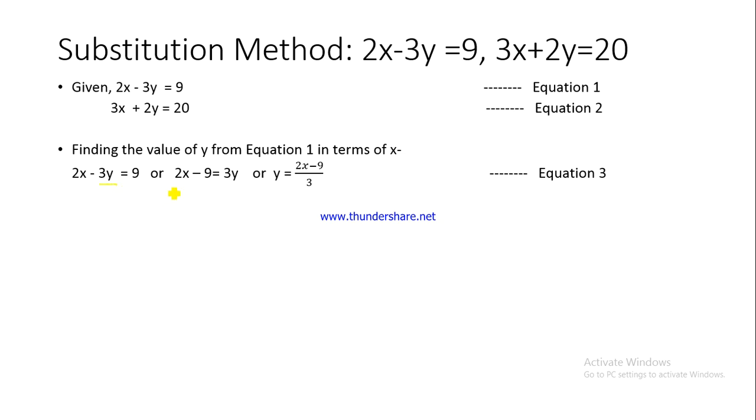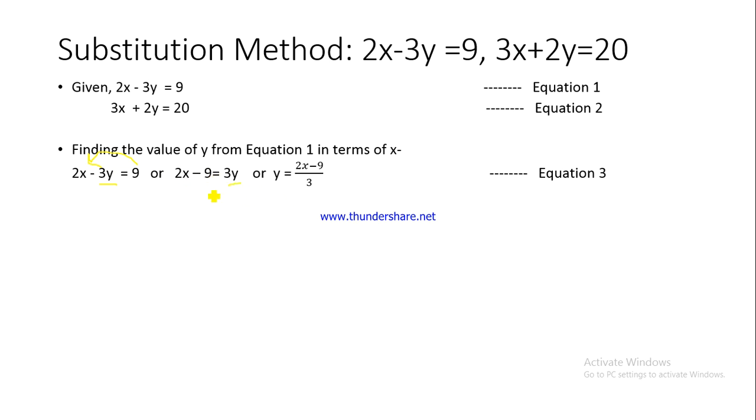This minus 3y is shifted to the right hand side, and since it has been shifted from the left hand side, there is a sign change. This minus would be plus, so this would become plus 3y, and 9 would be shifted to the left hand side, and the sign would now be minus 9, right?